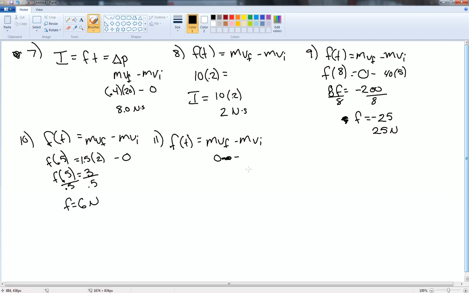So 0 minus its initial velocity, which is 1,200 times 10 meters per second. It's coming to rest in 0.1 seconds, and we're looking for the force. So this is going to be 12,000 equals 0.1F. Divide each side by 0.1. And we're going to get 1.2 times 10 to the 5th.